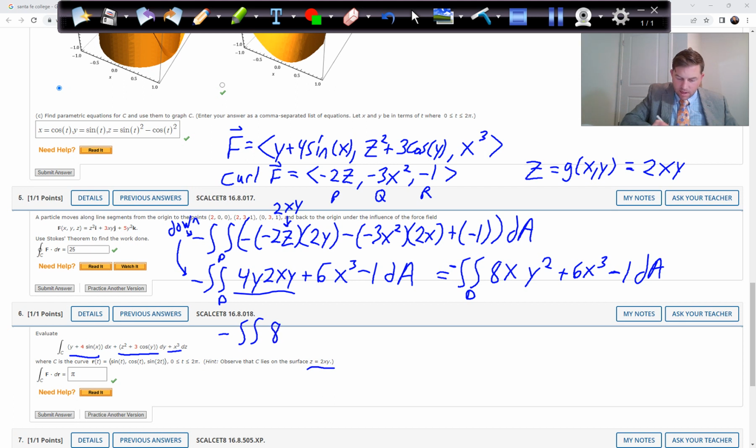And then we get negative double integral of 8, and we're changing x to r cosine theta and y to r sine theta, and in this problem we don't know what r is, so we just leave it unknown.